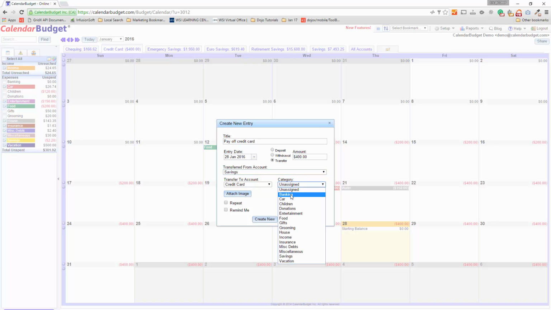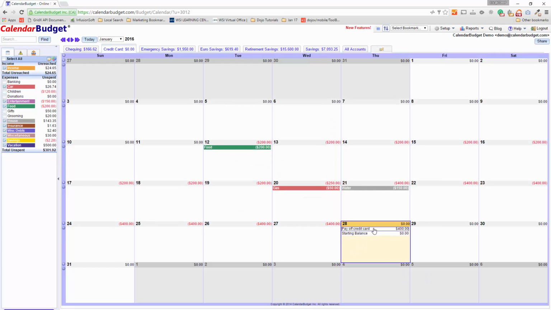And the category that I assign, it doesn't really matter, particularly for the category, although I'm going to assign it to banking, because when we create this new event, which I'll go ahead and do, so we have now a positive transaction here on the credit card of $400, which makes my daily balance now 0 for the credit card.